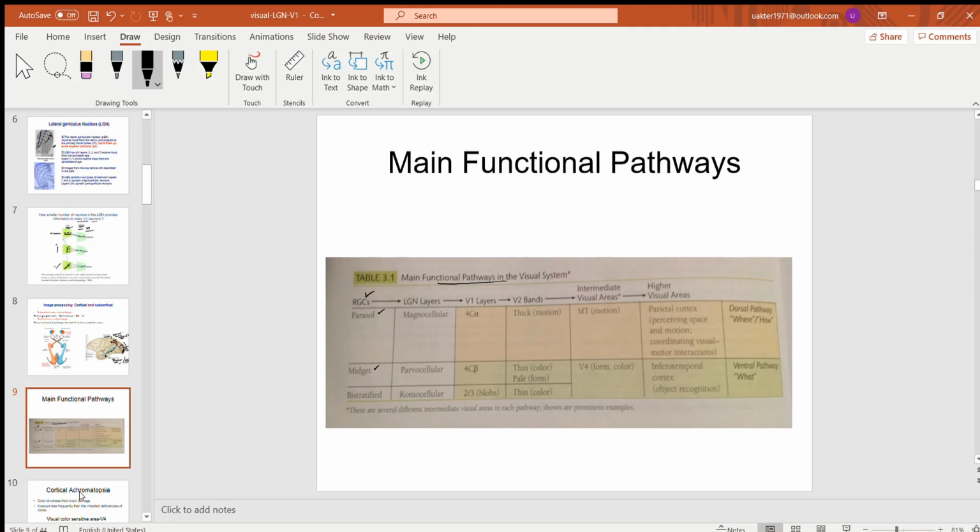And parasol cells send signal to the magnocellular layers of the lateral geniculate nucleus. That means 1 and 2. And midget cells send signal to the parvocellular layers of the lateral geniculate nucleus, and bistratified ganglion cells send signal to the koniocellular layers.